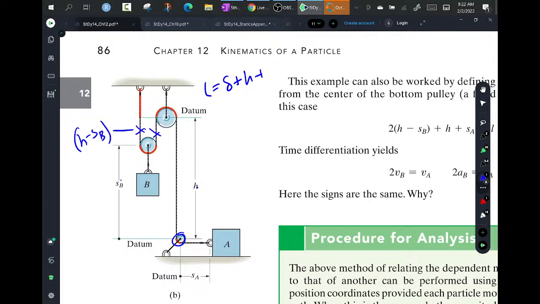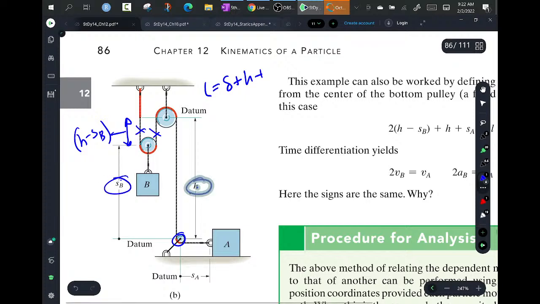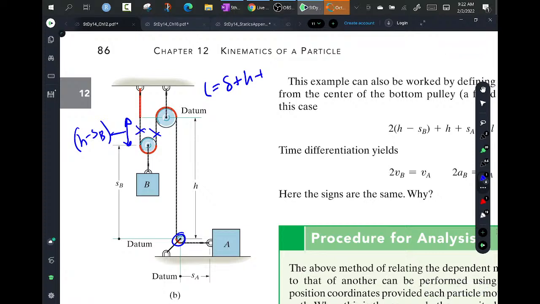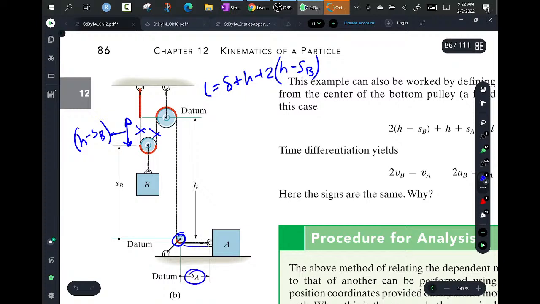So the distance from here to here, that distance is this H subtracting off the SB. So you do that, and you're sitting there. You might as well put it in. You have two of them. 2 times H minus SB. And then you got your SA down here, this distance right here with SA.